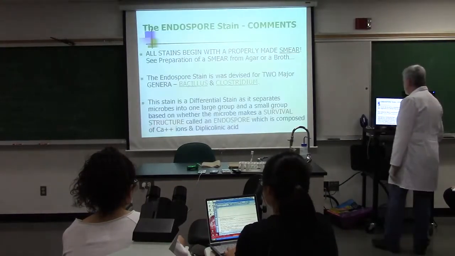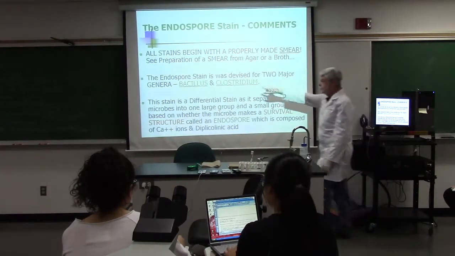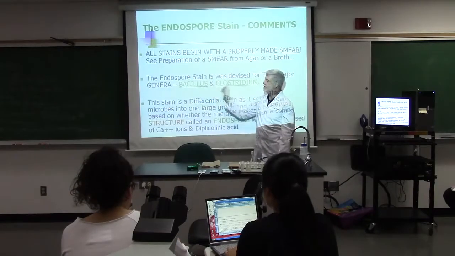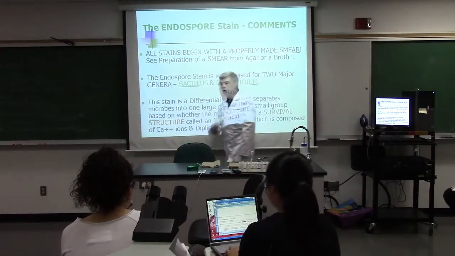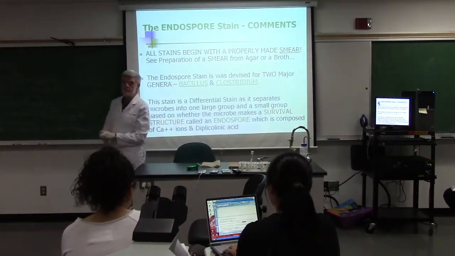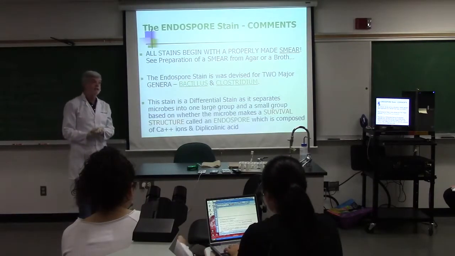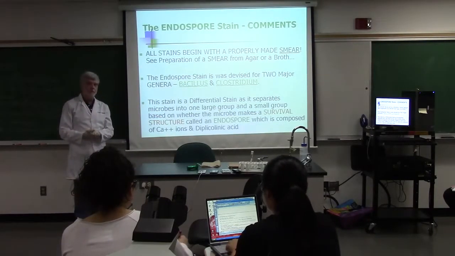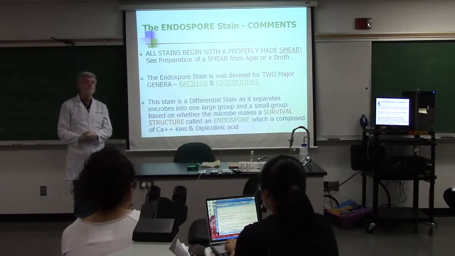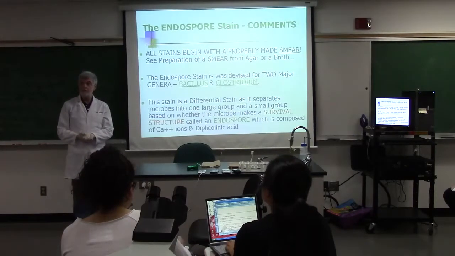And it's made for these 2 genera, Bacillus and Clostridium. Only Bacillus and Clostridium make these survival structures called endospores. Are endospores cells? No. Why? They don't have cell parts.